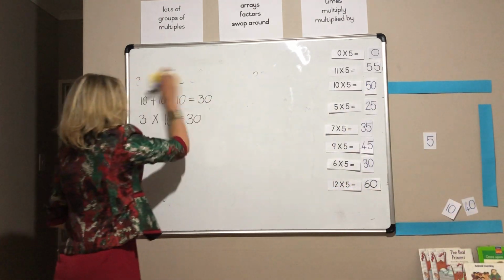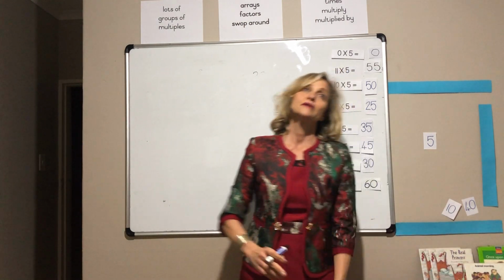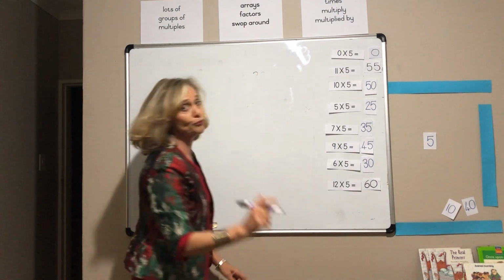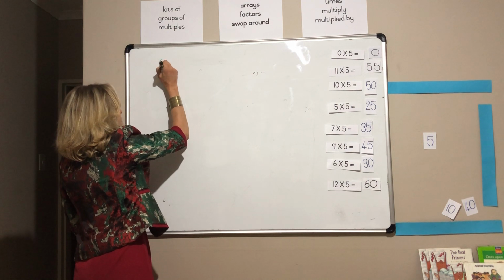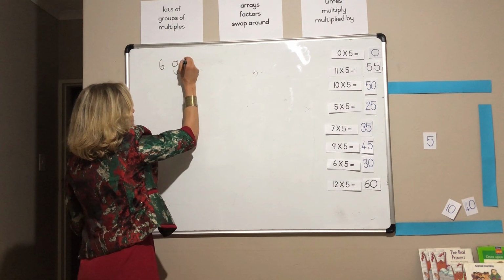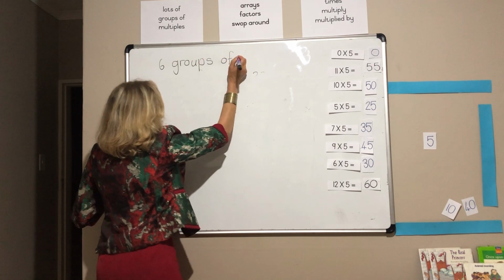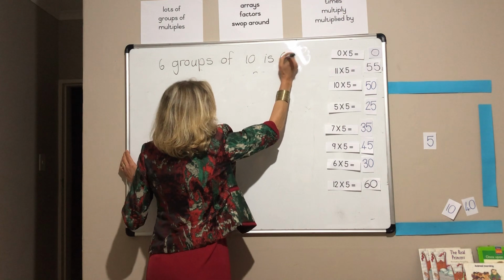Let's do another one of the 10 times table. Let's say 6 boys, how many toes? Hopefully they still have all their toes. Right, so we say 6 groups of 10 is 60.